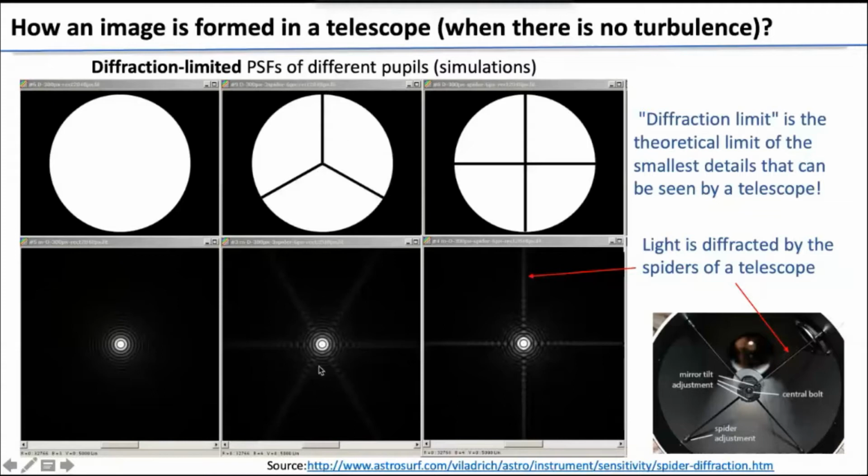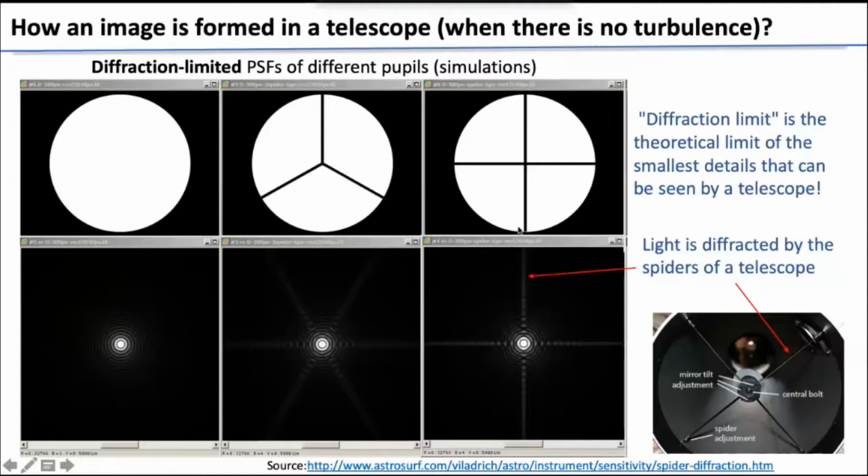So the PSF depends on the structure of your telescope, basically your primary mirror. If you add spider arms to hold your secondary mirror, you're going to see the diffraction around the spider arms themselves.